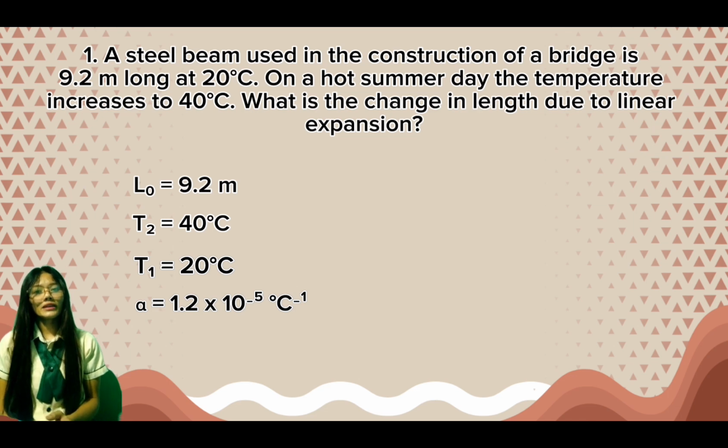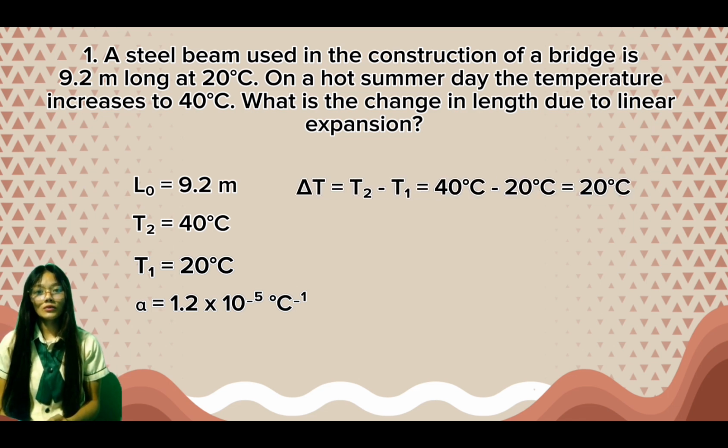The next thing to do is to calculate the temperature change. Delta T equals T2 minus T1, which equals 40 degrees Celsius minus 20 degrees Celsius, which equals 20 degrees Celsius. Next is to substitute values into the formula.